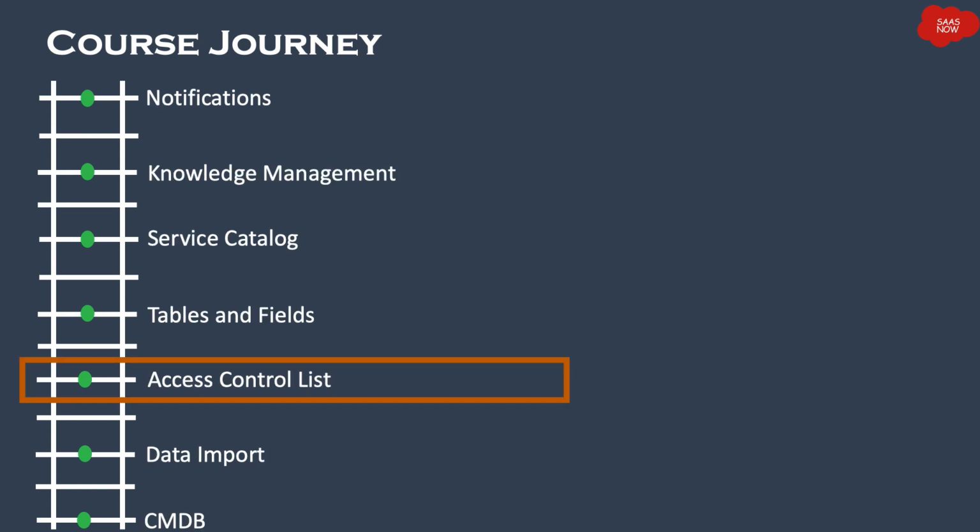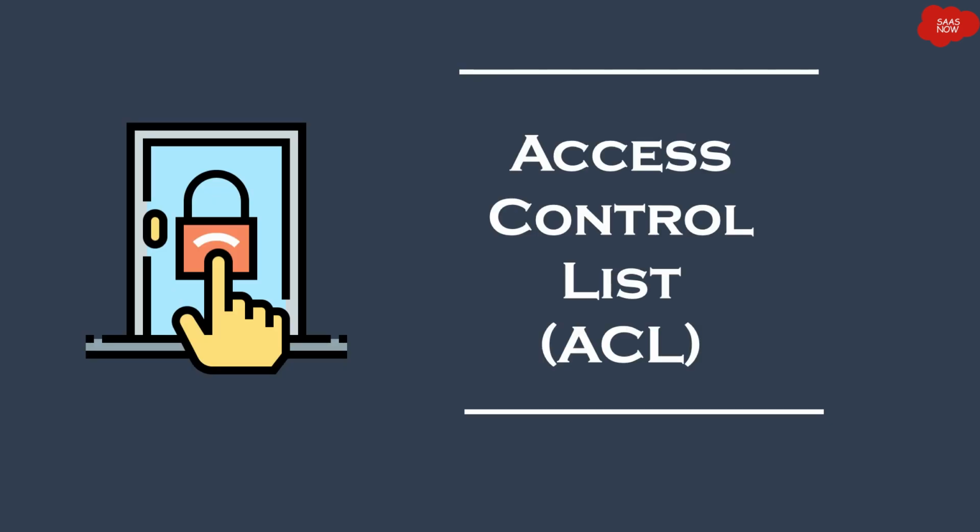In this 9th part of the training, we will talk about ACLs in ServiceNow, Access Control List, which are also called ACL. ServiceNow has different levels of security to access data into ServiceNow.